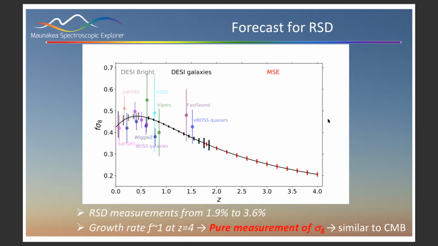What is interesting in terms of science is that as we are at a very high redshift, around 4, for instance, the value of f is very close to 1. So what we are going to measure is not f sigma 8, but directly sigma 8. So we are directly going to measure As.